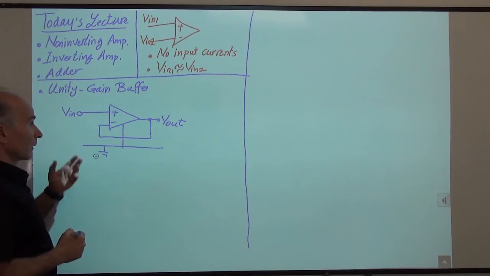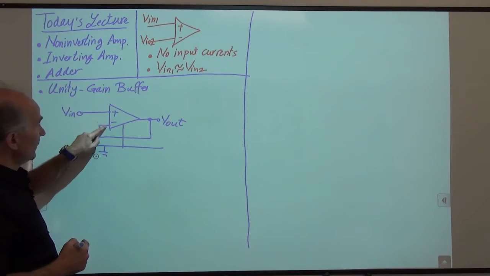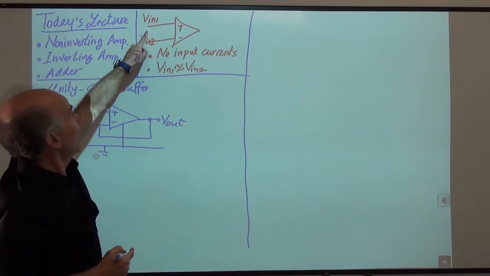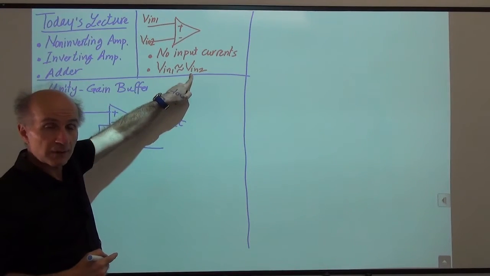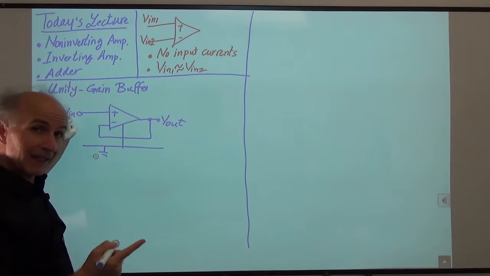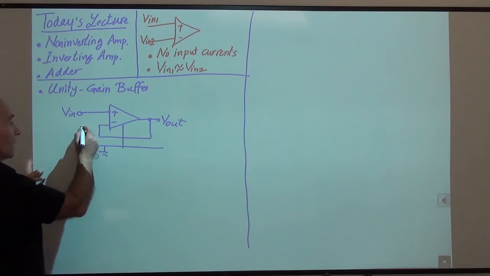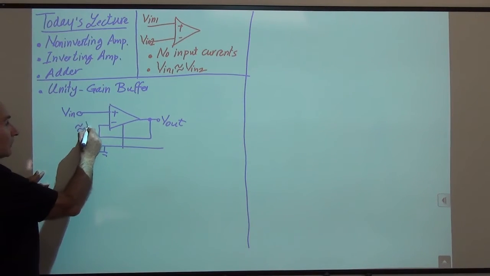Okay, so we analyze the circuit by observing that these two inputs of the op-amp have approximately equal voltages. So if this is my input and it's called V-in, then this one should be also close to V-in.